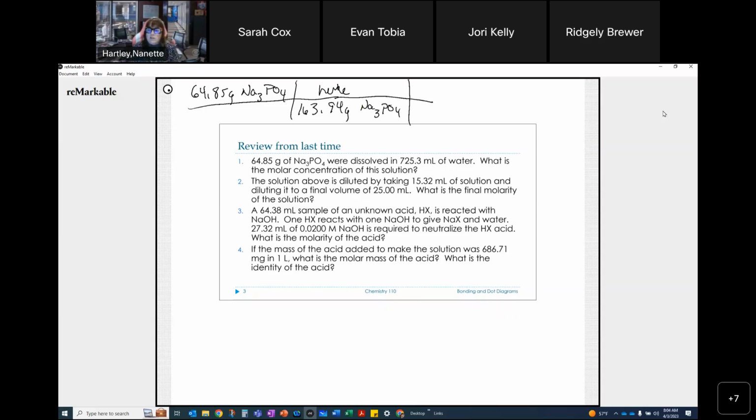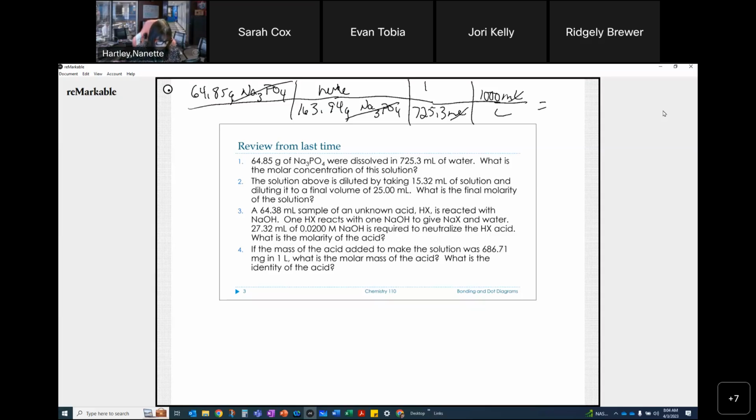If I want a molar concentration, that needs to be in moles per liter. So while I'm currently in moles, I need to have liters. So I'm going to divide by the 725.3 milliliters and then convert that from milliliters to liters. So that'll cancel that and leave me with moles per liter.